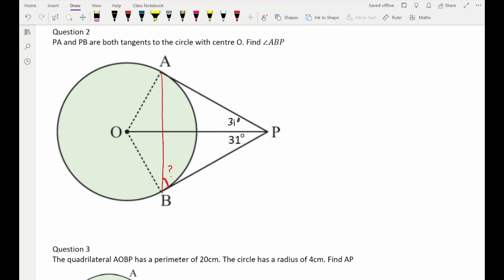So let's look at this triangle. We can use our theorem to say that length and that length are the same. So AP equals BP by tangent from external point theorem. Then what does that tell us? Well, it tells us, therefore, triangle APB is isosceles.